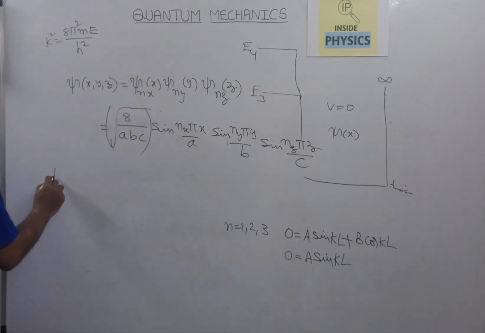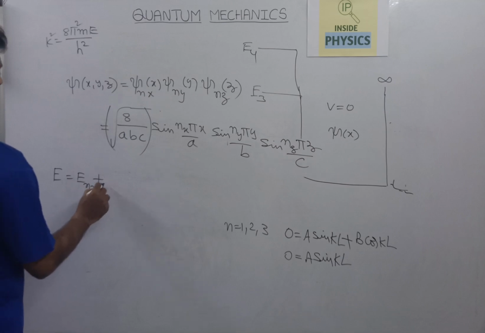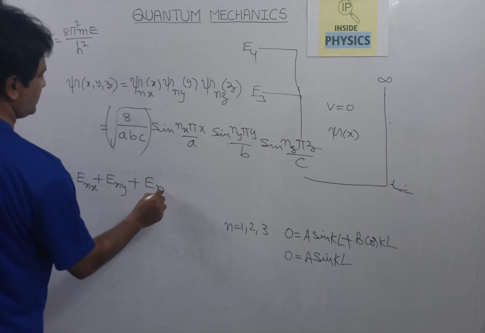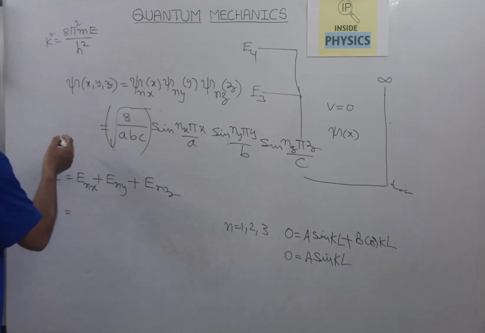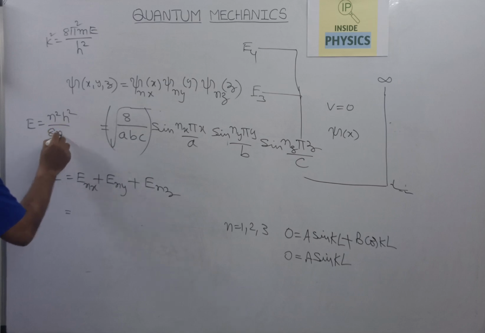The total energy is equal to E nx plus E ny plus E nz. We know the formula is E is equal to n square h square by 8 m l square. This is what we evaluated, the energy levels of the potential box.